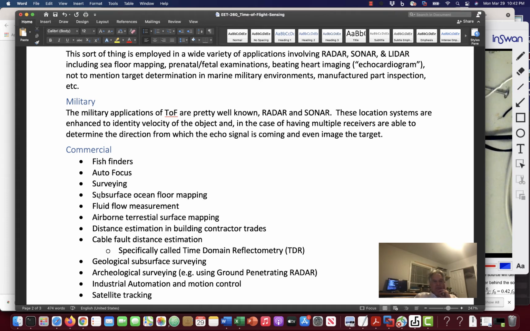if you're level. And with sonar you can do subsurface ocean floor mapping, and Robert Ballard, the guy who led the search for the Titanic and the USS Thresher and several other, I think his people found the Freedom 7, Gus Grissom's, the late Gus Grissom's Mercury capsule, and a number of other things on the seafloor.